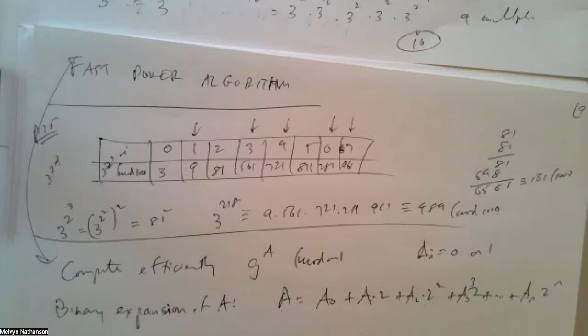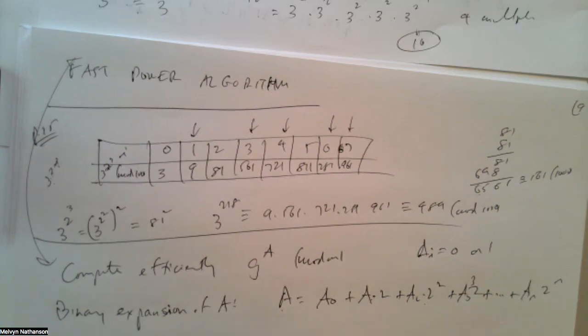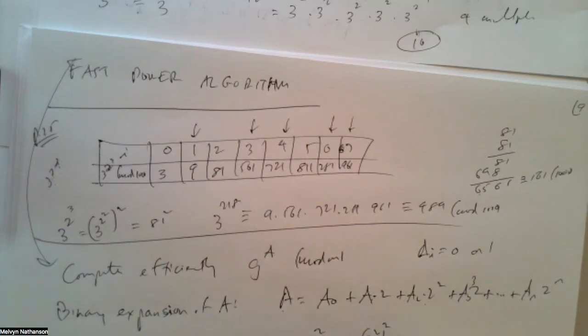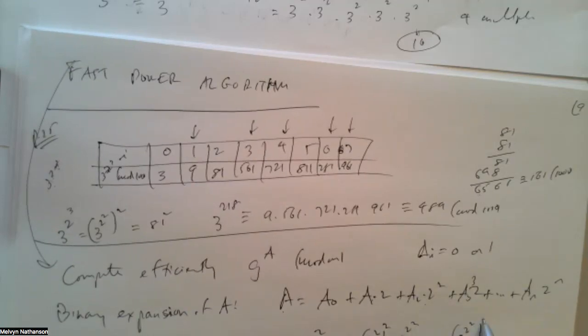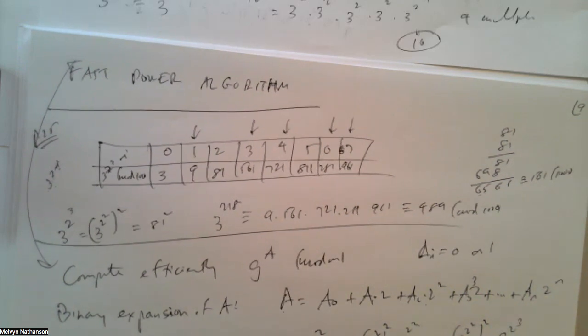And so by successive squaring, you get g squared, g to the 2 squared, g to the 2 cubed, and so forth.